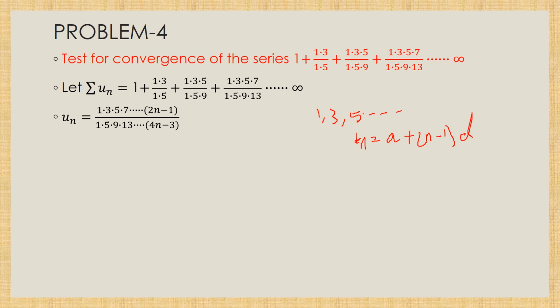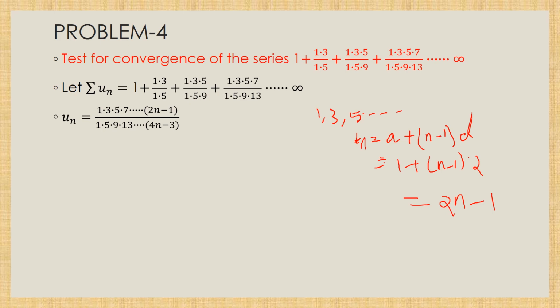So here a is equal to 1. So 1 plus n minus 1 into d. The common difference is 2. So into 2, if we simplify, we get 2n minus 1.